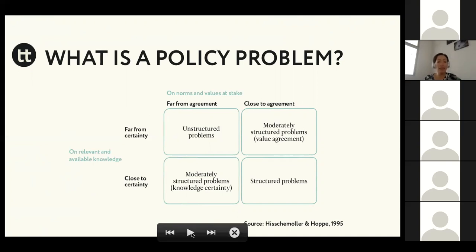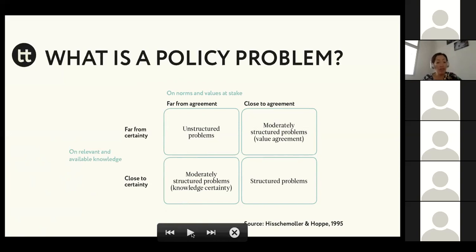His framework establishes that on the one dimension, we have what happens with the relevant and available knowledge that exists. So there are certain problems where we are very certain about the knowledge related to a problem. This means that we already have the necessary knowledge to understand the problem.